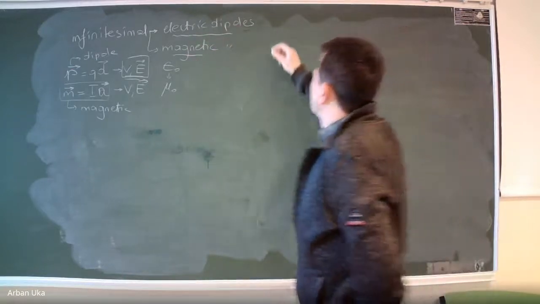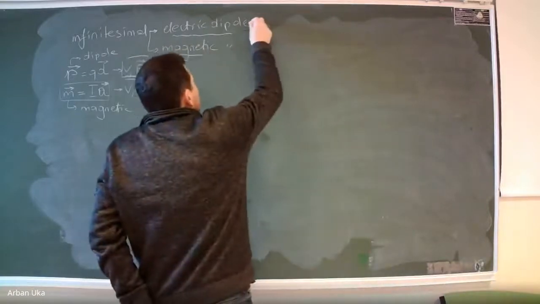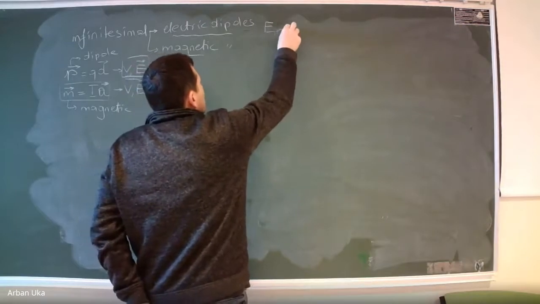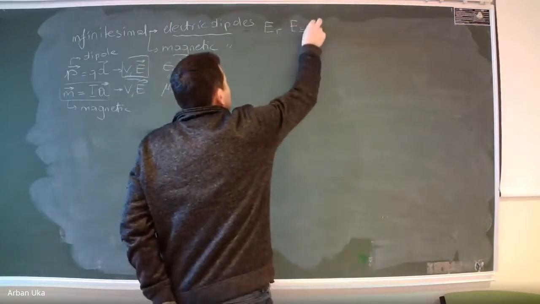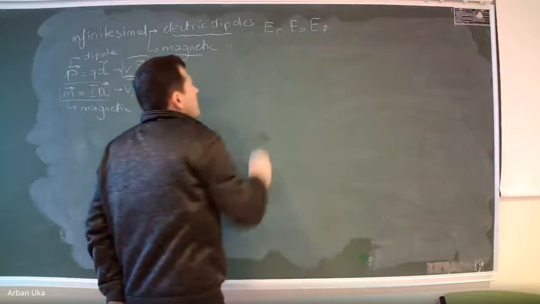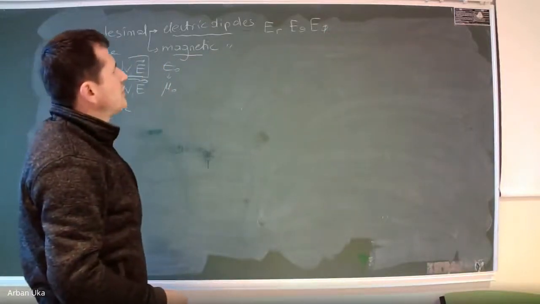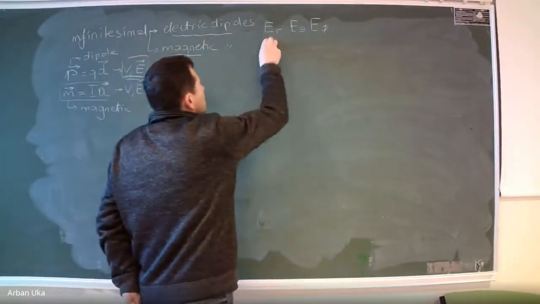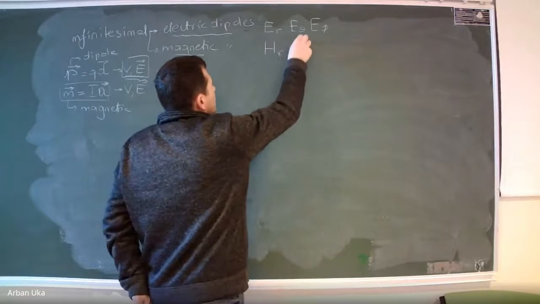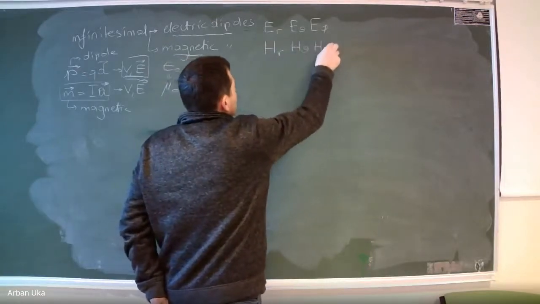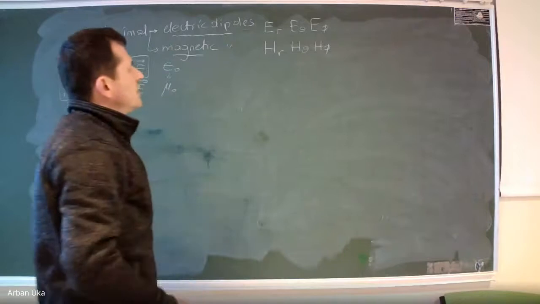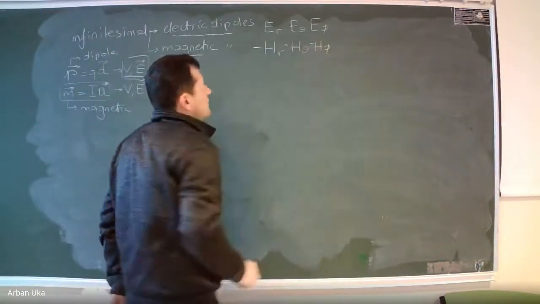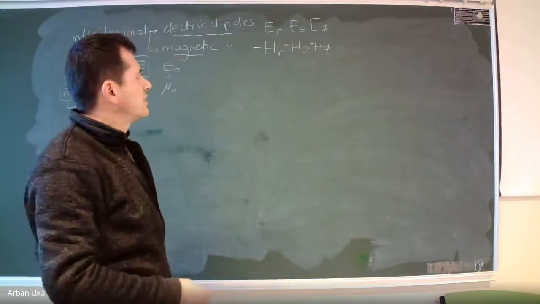If for one configuration we obtain, let's say, E r, E theta, and E phi, then for the magnetic dipole we would simply write H r, H theta, and H phi. So nothing would change. Well, not always nothing. Often we might get a minus sign, but the rest of the terms will be pretty much similar.